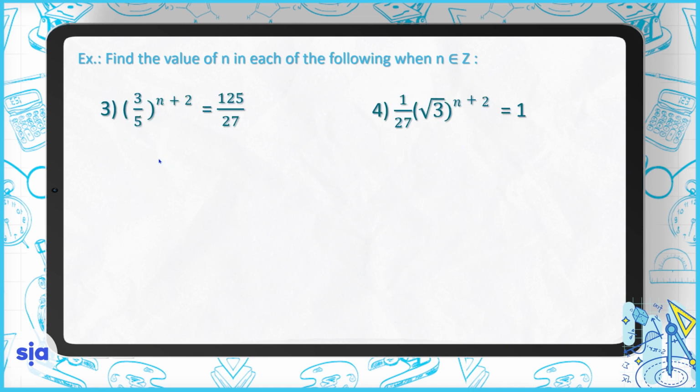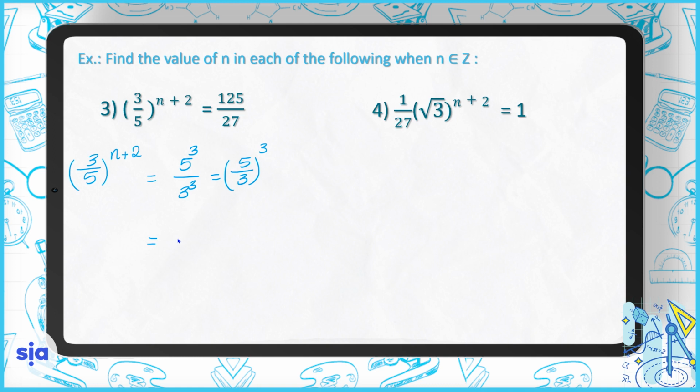Question 3. 3 over 5 to the power of n plus 2 equals 125 over 27. We'll try to make both sides having the same base. So if we do this one, the 125 is 5 power 3, and the 27 is 3 power 3. So this is 5 over 3 all to the power of 3.